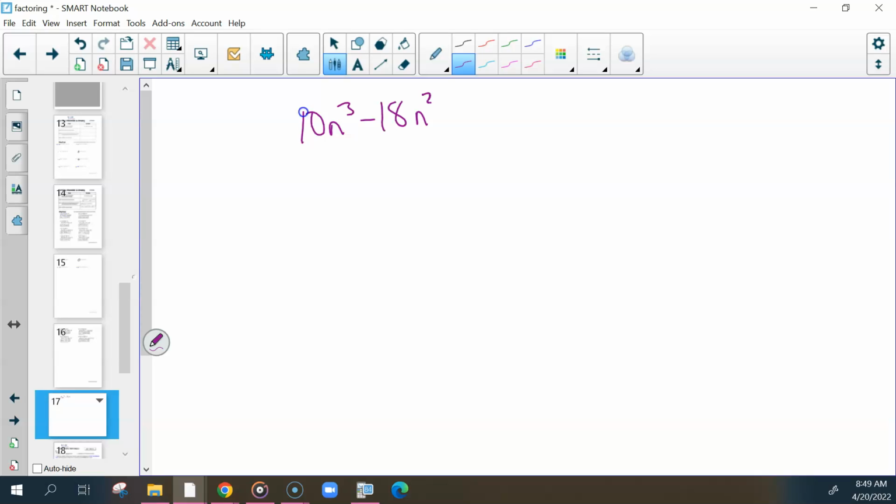It was still 18 to the second? Yeah. Okay. And then 1 to the end, and then minus 72. And it's just asking you to factor it? Yeah. So this has 4 terms, so this would be factor by grouping.